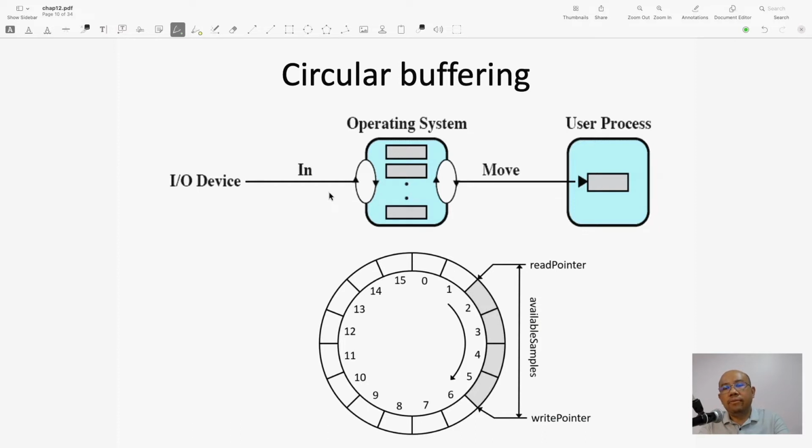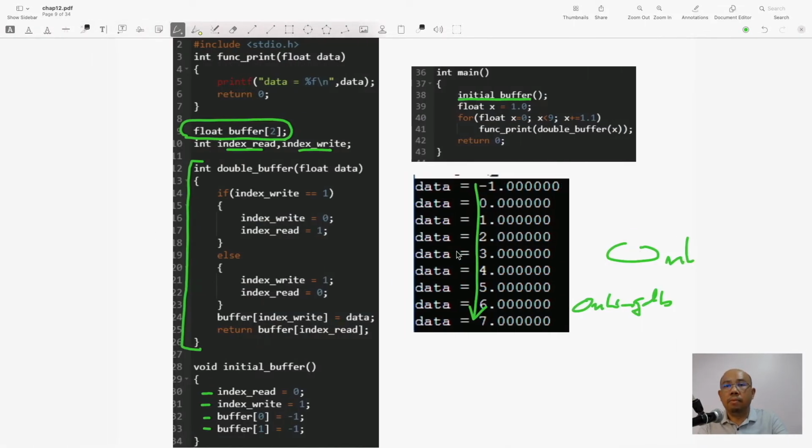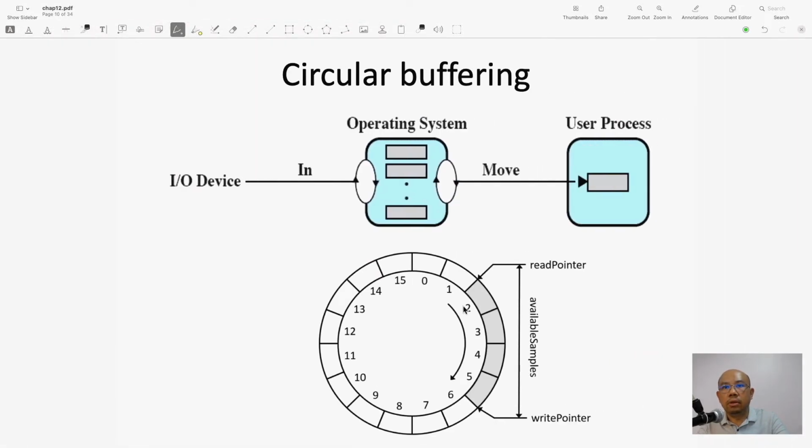Circular buffering has more buffer locations and uses the same read and write technique as the double buffer, but changes the number of buffers from 2 to 15. Here we have 0 to 15, that is 16 locations for the buffer.